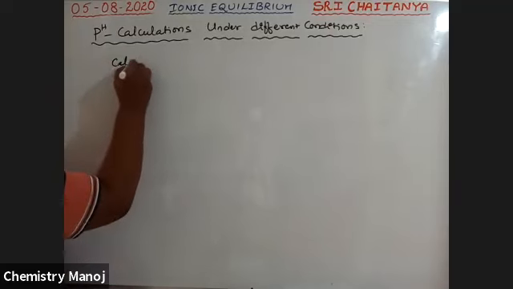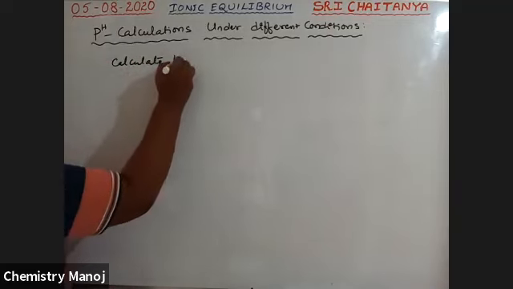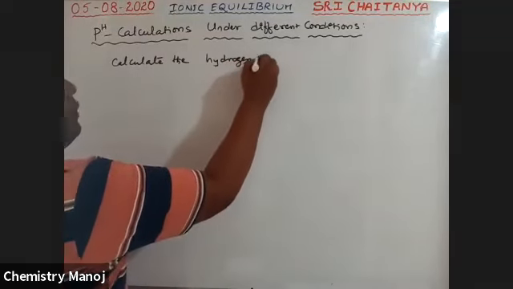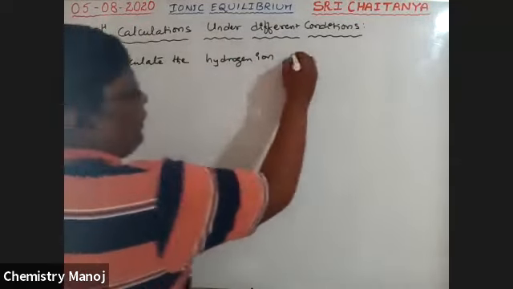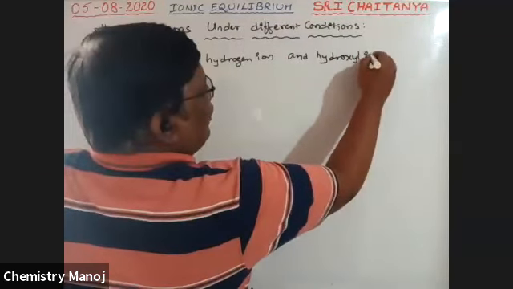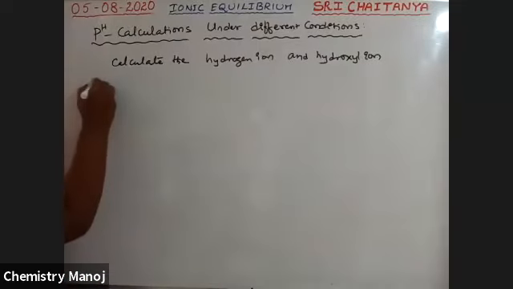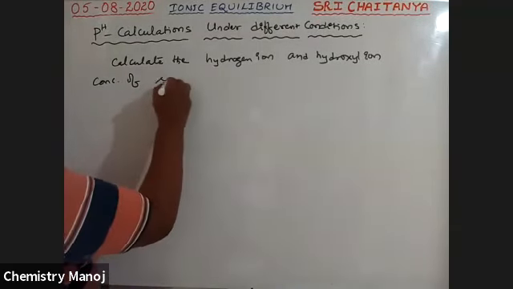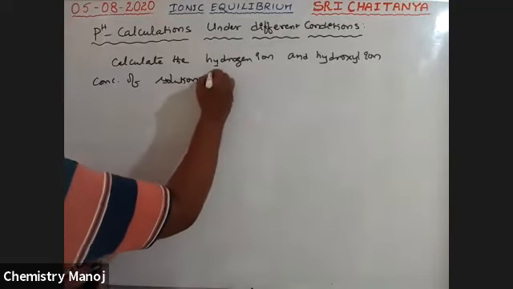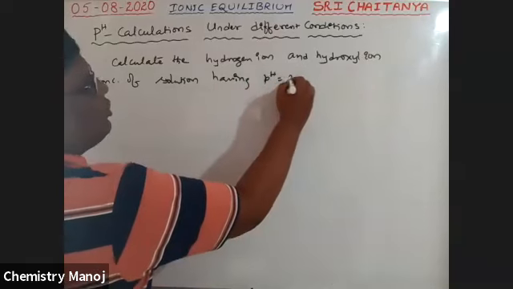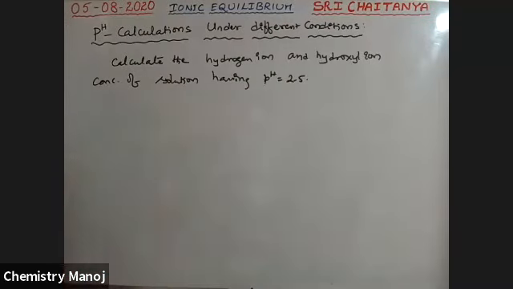Next, calculate the hydrogen ion and hydroxyl ion concentrations of a solution having pH equal to 2.5.